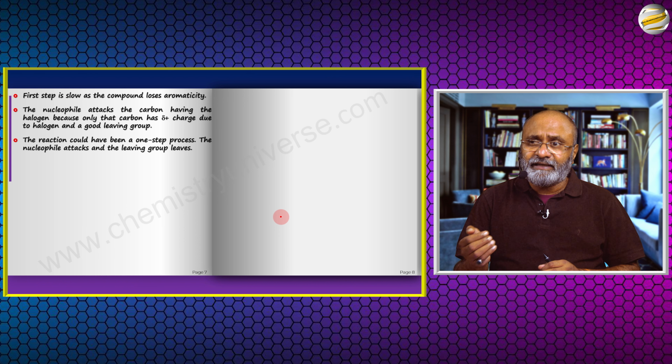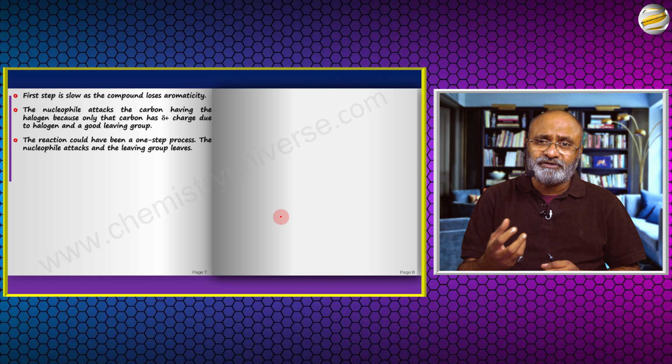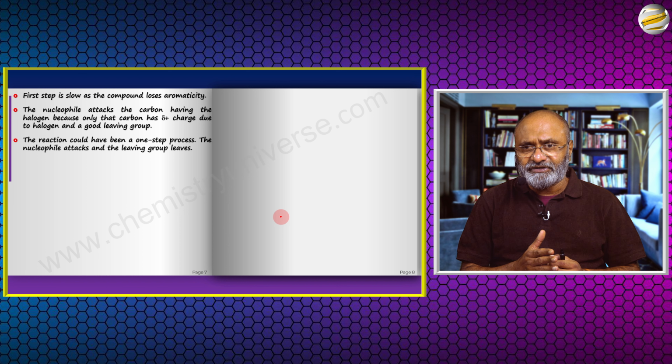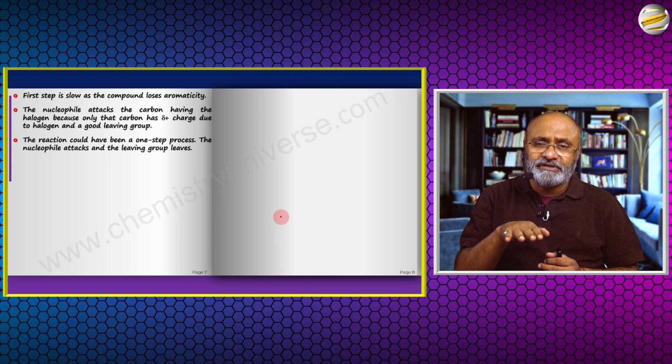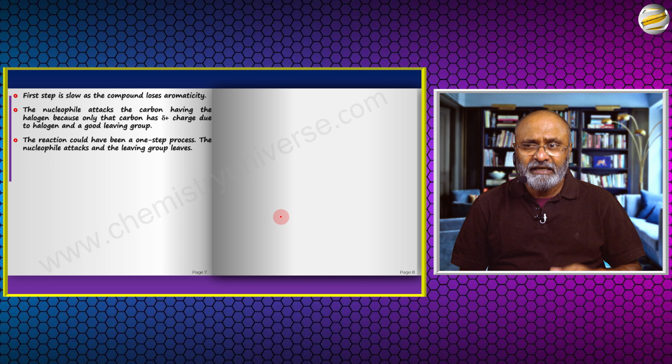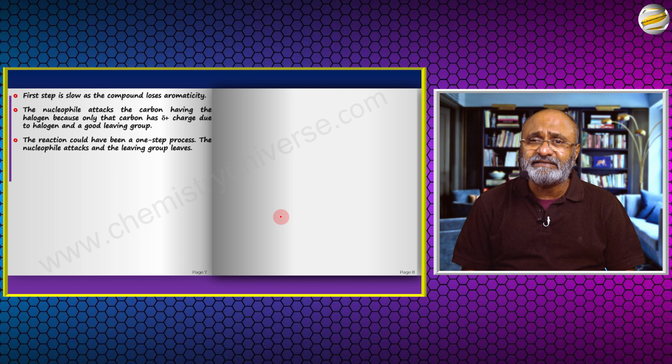Or you can say that in the transition state, you have both the nucleophile and the leaving group carrying similar charges and they don't want to be on the same side. So they have to go from the opposite side. It's almost impossible for the nucleophile to swim through the electron cloud of benzene and attack the carbon from the back. The second reason, as I said, partial double bond character. It's not going to be easy for the leaving group to leave.